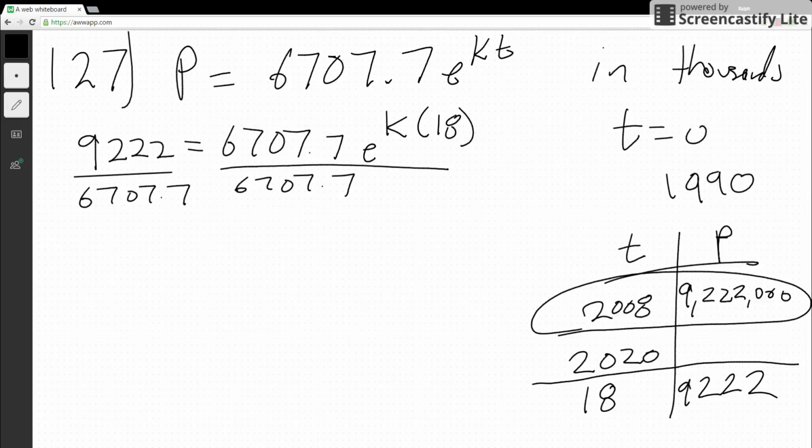Then if I do that, that's about 1.37 equals e to the k. I'll put the 18 out front. Take the ln of both sides. That way I can get rid of that power there.